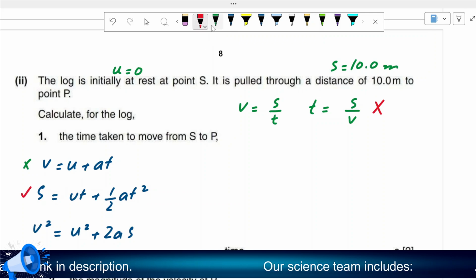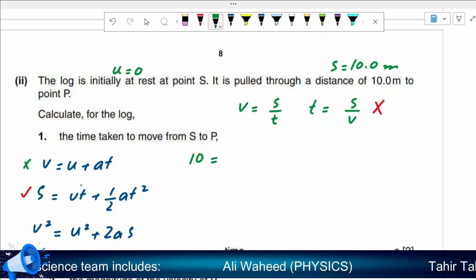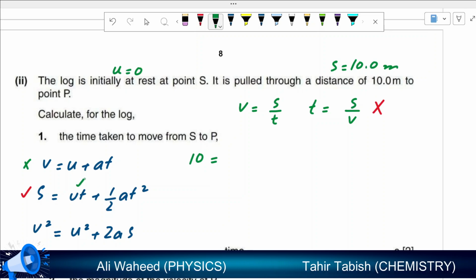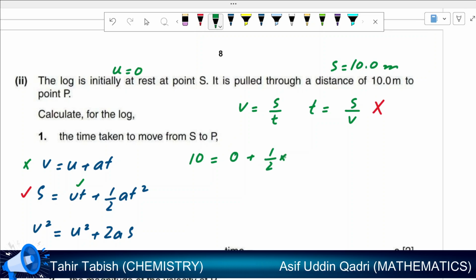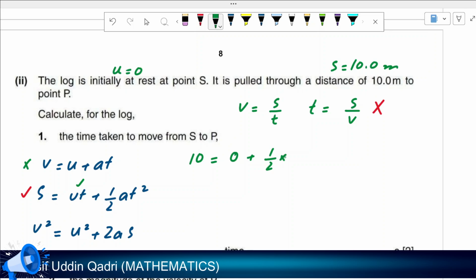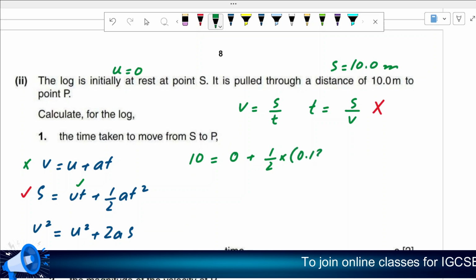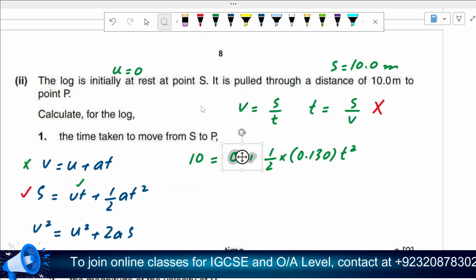I can indeed use the second one because the displacement is given as 10. Ut, all of it would be 0 because the initial velocity is 0. One over 2 as it is. It's not the free fall, so the acceleration would not be minus 9.81 with the convention. No, it's not the free fall case. The acceleration was 0.130 times t square, and then you can simply get rid of this thing. Plus 0 doesn't make any difference.